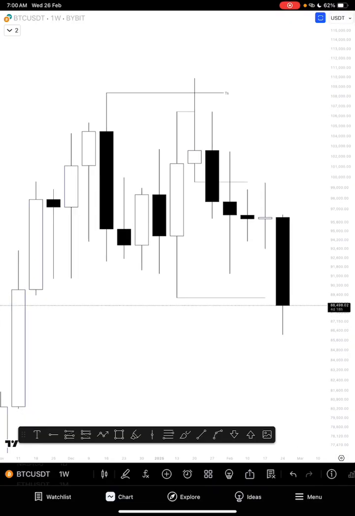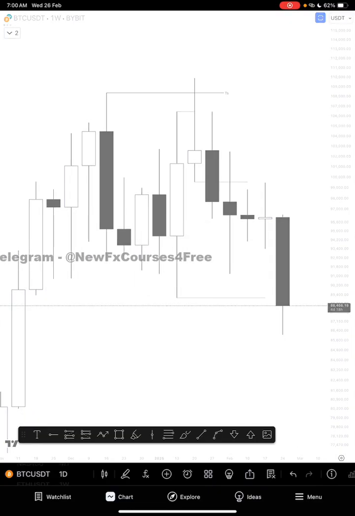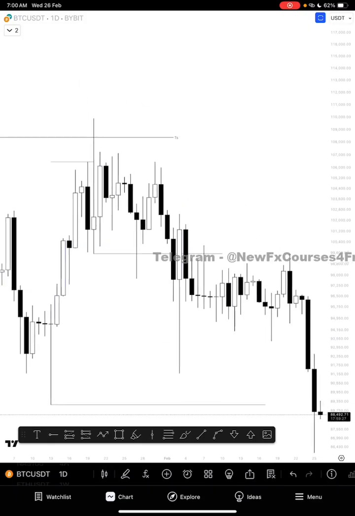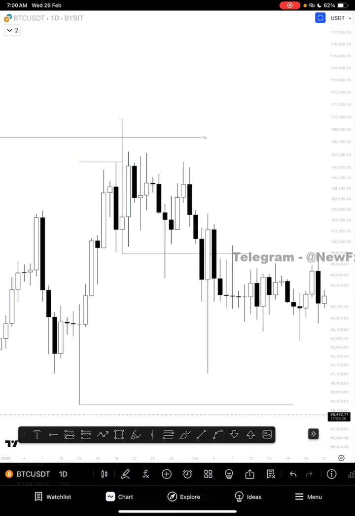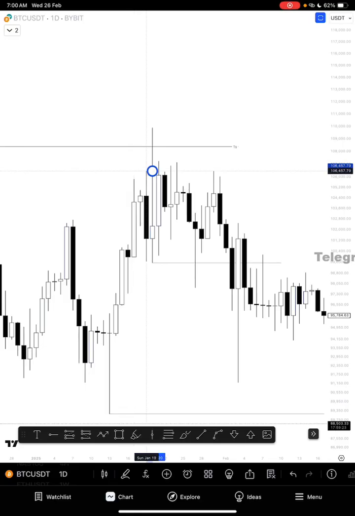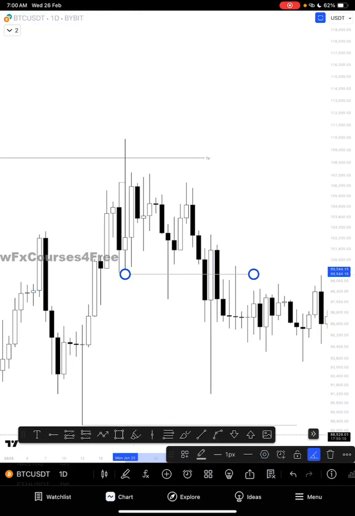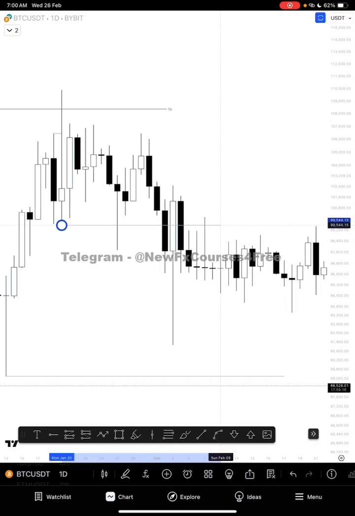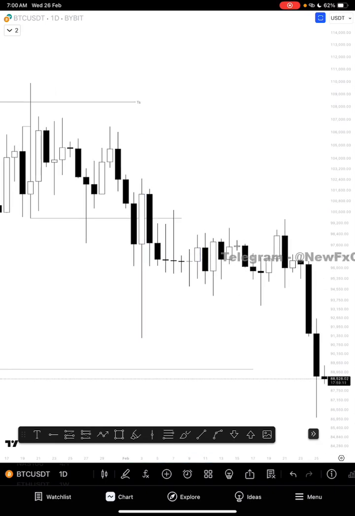So if we go to the daily time frame, let's actually break this down a little. If we go to the daily time frame here, this was our weekly time frame order block here.